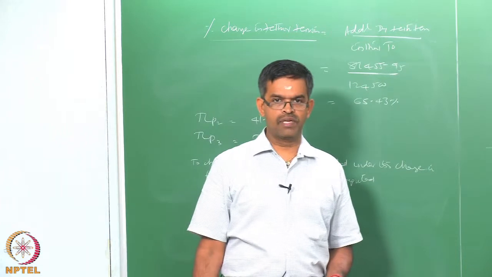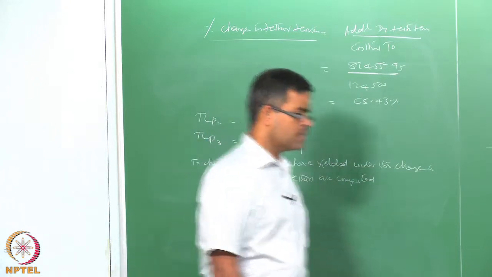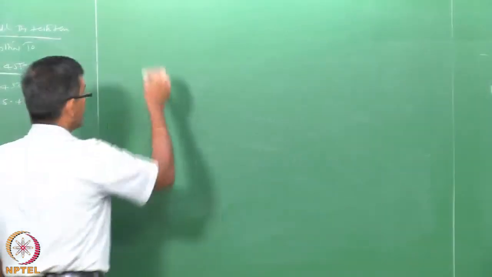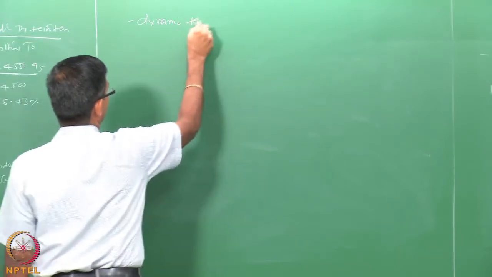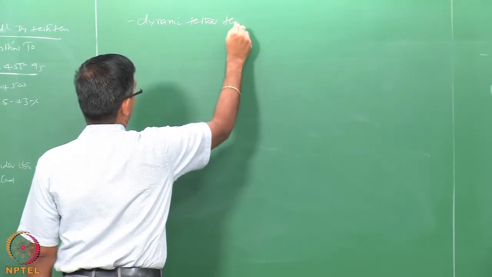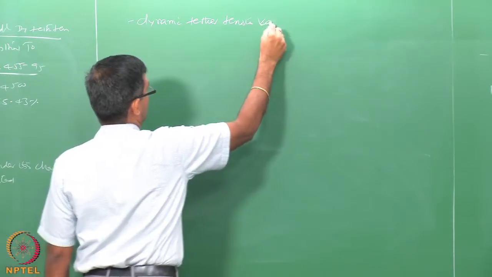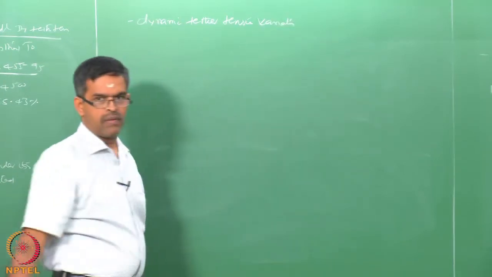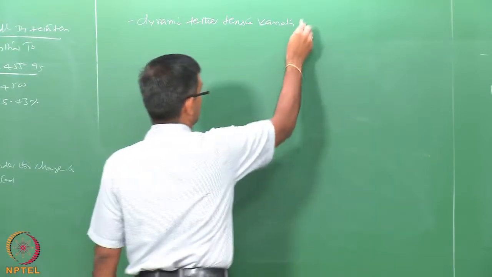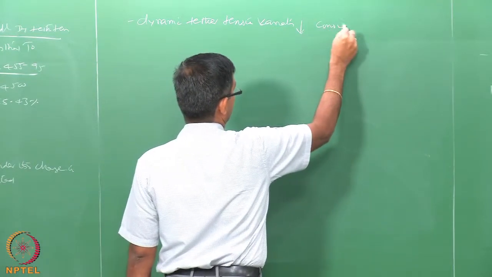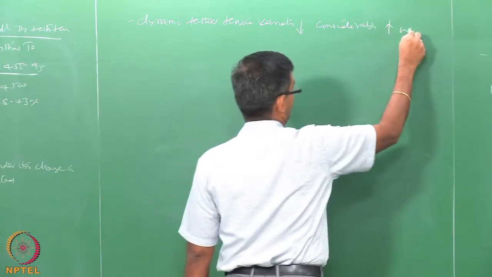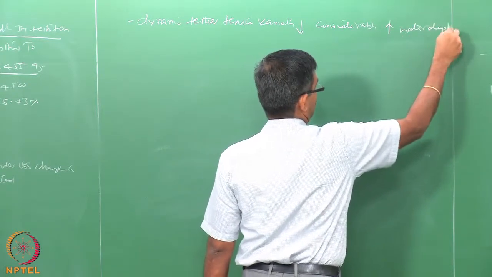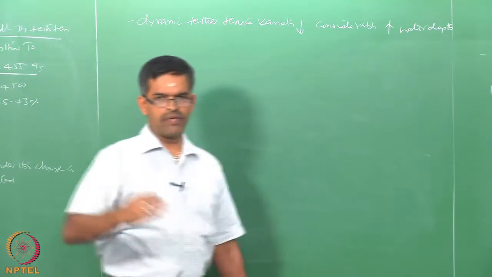One can easily infer the following: the dynamic tether tension variation is reduced considerably with increase in water depth, because TLP 1, 2 and 3 are for different water depths.